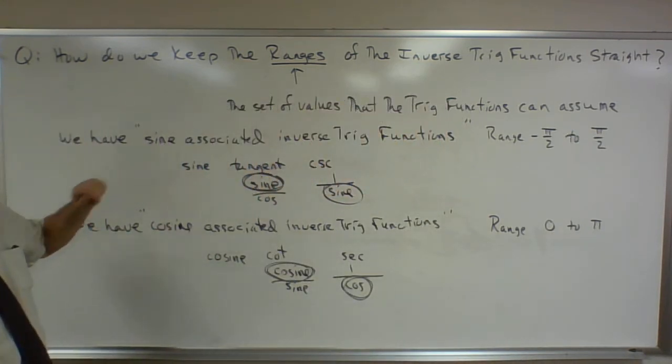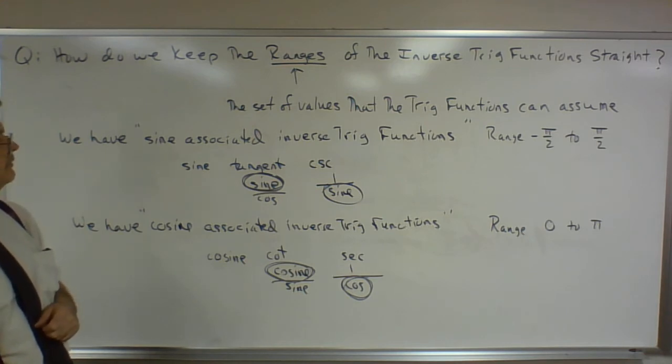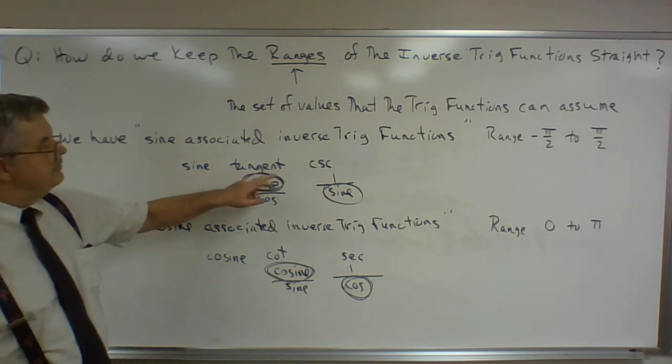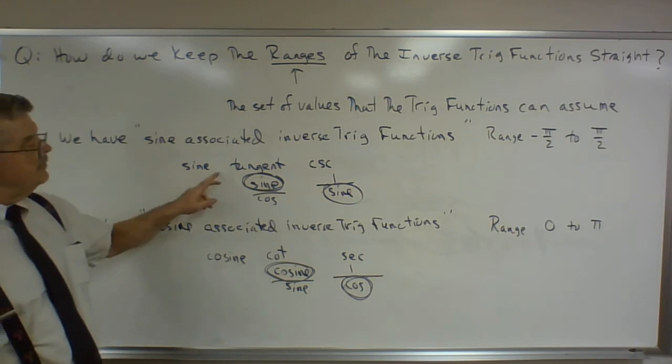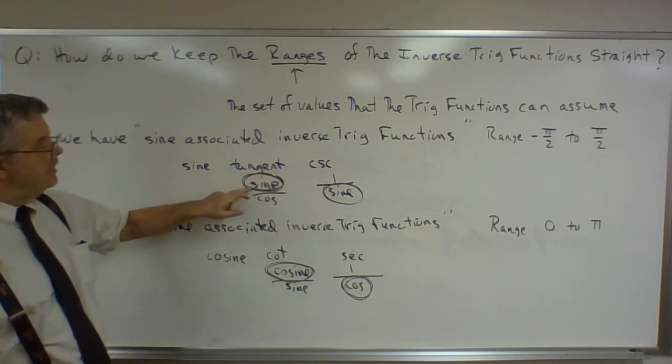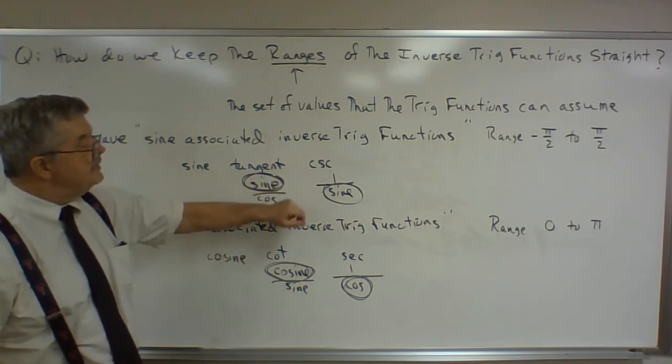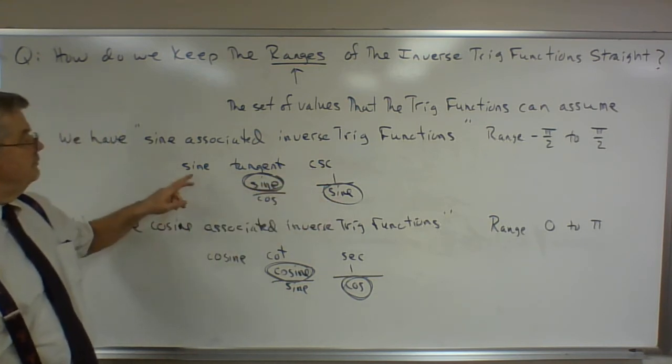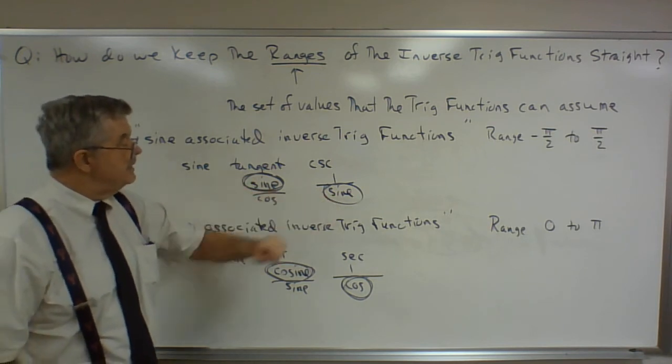Then we have our sine associated inverse trig functions. Sine, tangent, and cosecant. We associate these together because tangent is sine up top over cosine. Cosecant is 1 over sine. So we have sine, sine, sine.